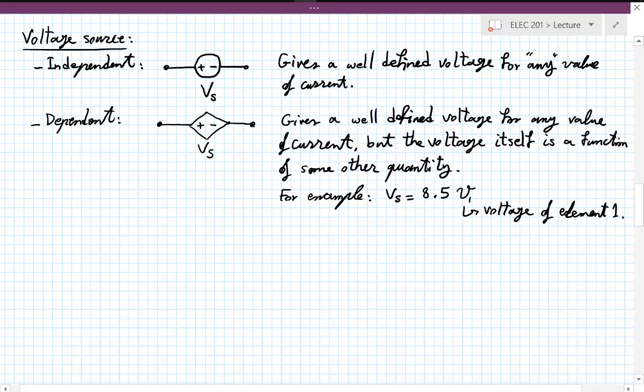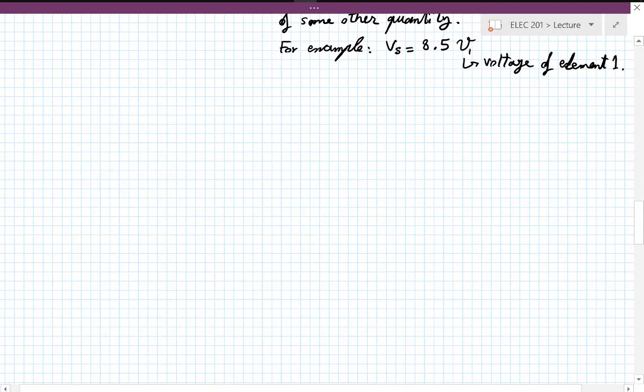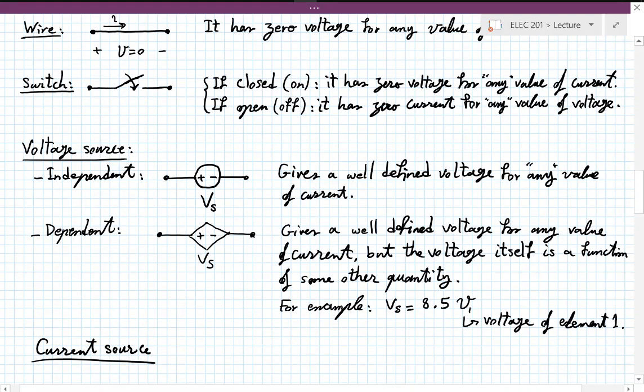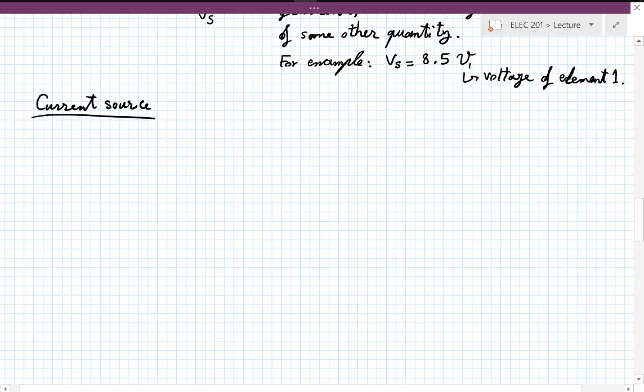So similarly, we have current sources. We have independent current sources and dependent current sources. A current source, similar to the voltage source, can be independent or dependent.